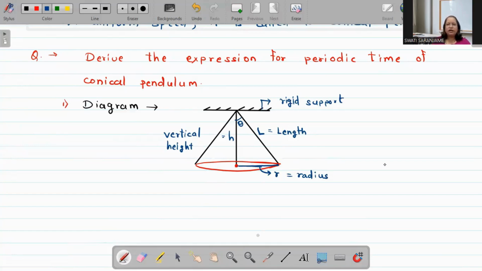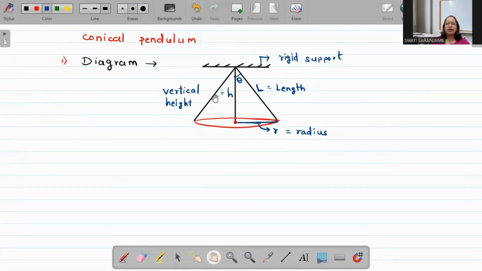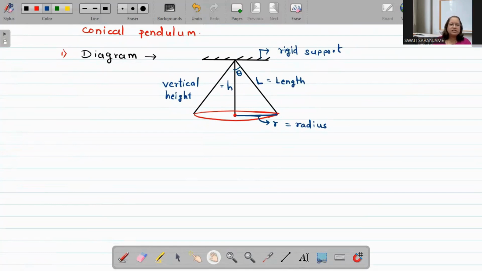Now let us write the descriptive paragraph which describes this diagram. This is the second step, which is also much more important while getting good score for derive the expression for type questions. So let us write that.